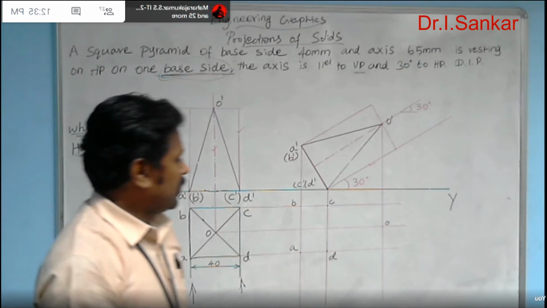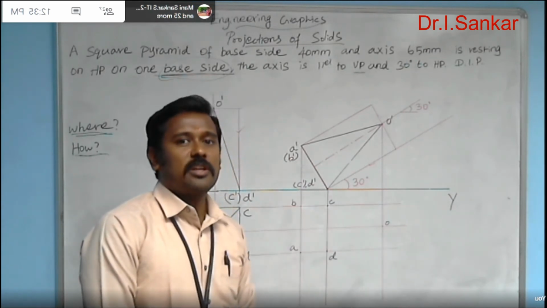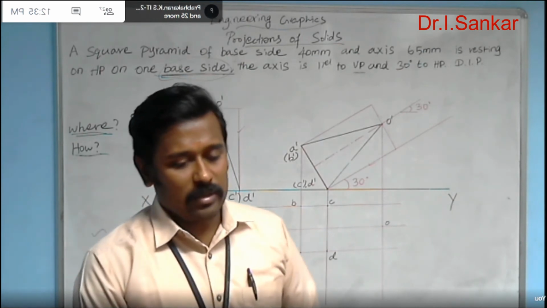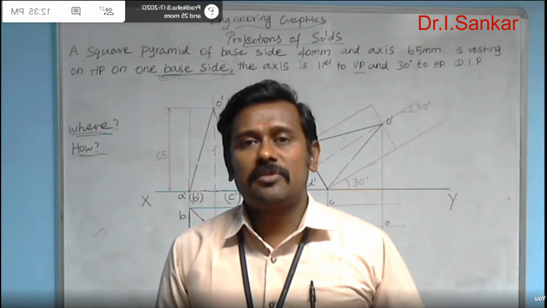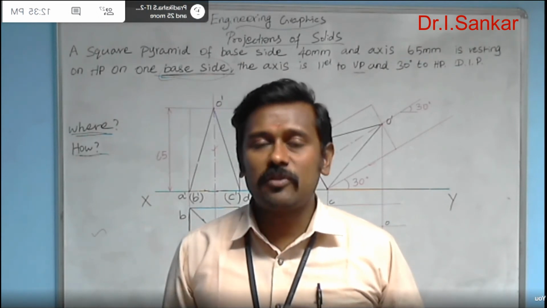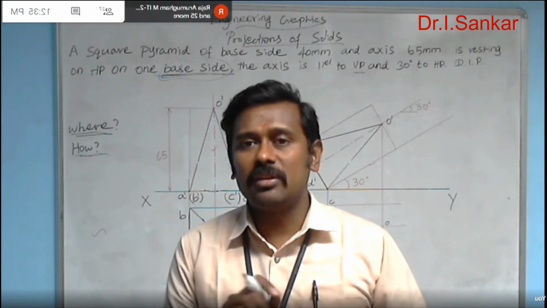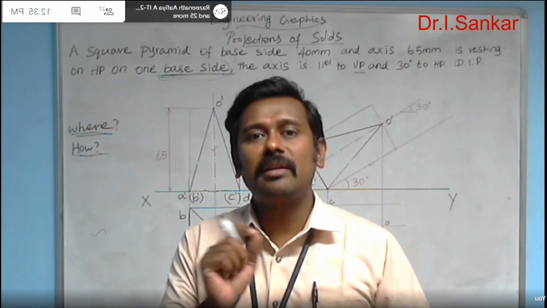So after that, connecting the corners in order to obtain the base edges and the slant edges, it's an important part here because definitely a number of edges will become visible edges, and a number of edges will become invisible edges. Visible edges need to be drawn with a continuous narrow line, and invisible edges need to be drawn with the dashed line.